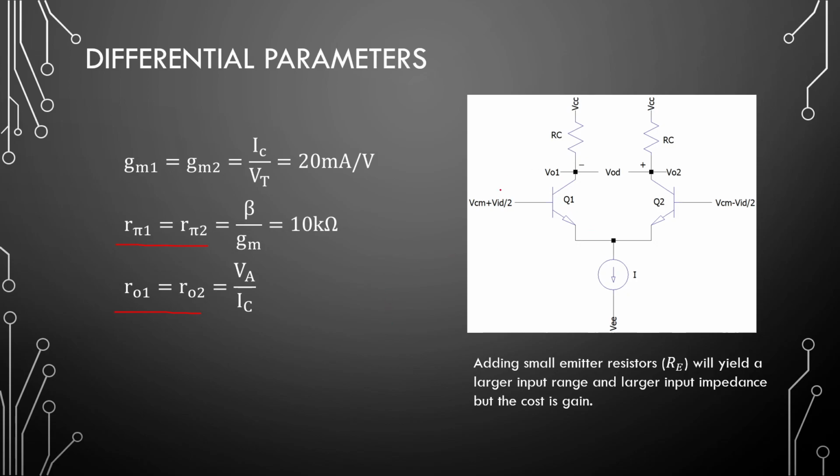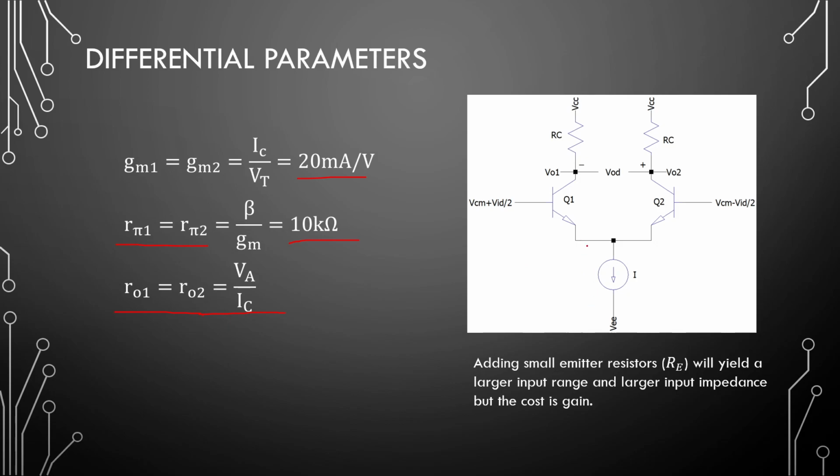So with our 500 microampere bias, our transconductances will be 10 milliampere per volt, and our R pi will be at 10 kilo ohms, and we didn't give an Early voltage, so this will be infinite in our problems, but if it's given, they will also be exactly the same.